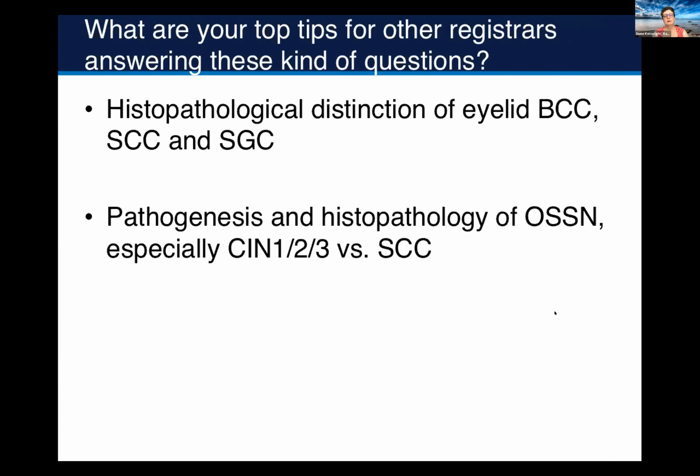One thing I think is going to become more common is talking about the genetics, particularly in melanocytic and sebaceous lesions.